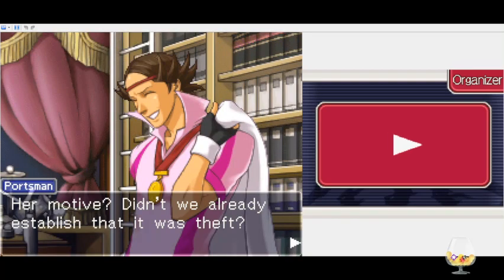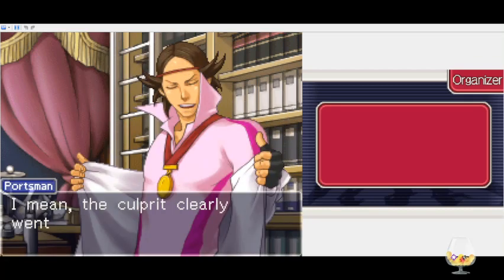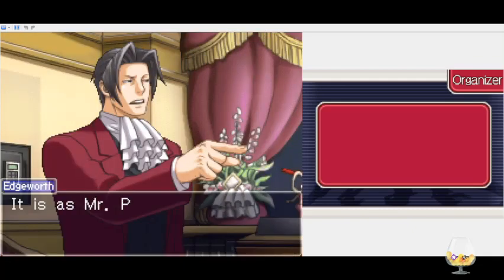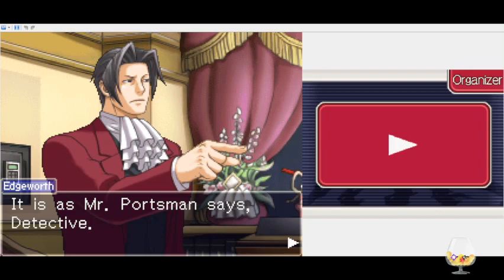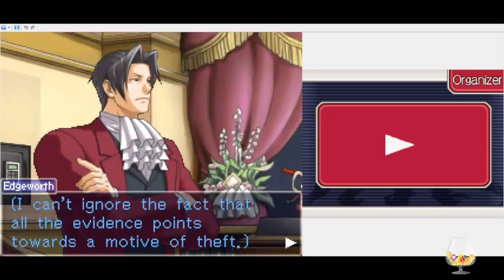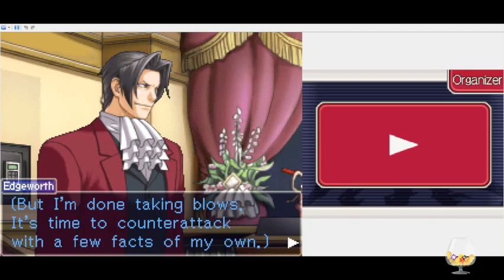Her motive? Didn't we already establish it was theft? I mean, the culprit clearly went through the bookshelves and at least tried the safe. It is as Mr. Portman says, Detective. I can't ignore the fact that all the evidence points toward a motive of theft. But I'm done taking blows. It's time to counterattack with a few facts of my own.